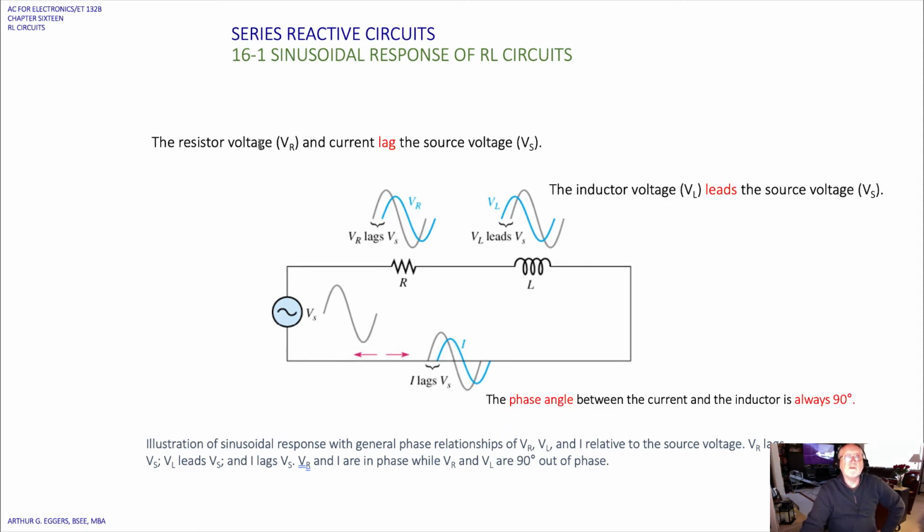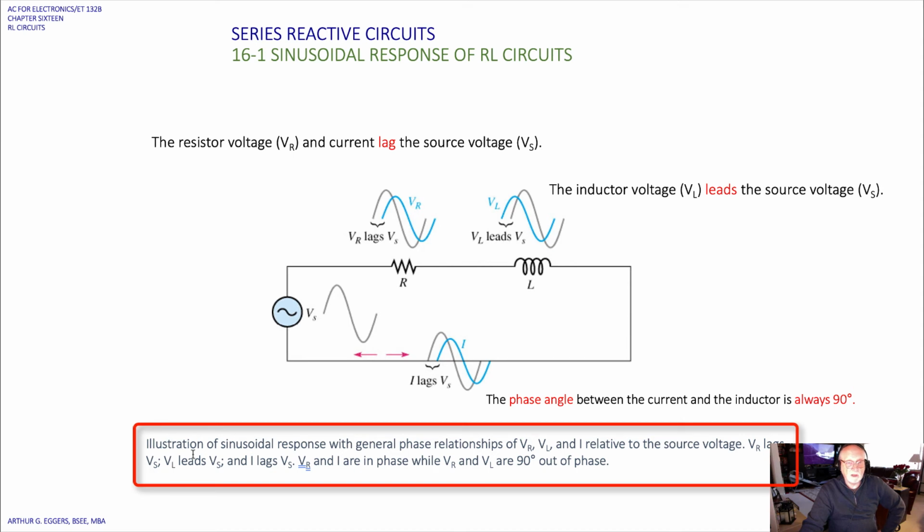The resistor voltage V sub R and the current lag the source voltage. Okay, so we can see that here. Resistor voltage V sub R, the blue trace, and the current, the blue trace here, shows that we have a lagging. The inductor voltage V sub L leads the source, so now the blue trace here for the inductor V sub L, you can see, is leading the source voltage.